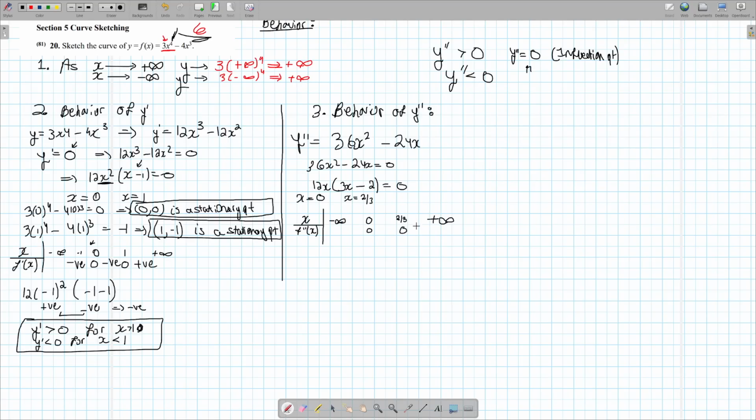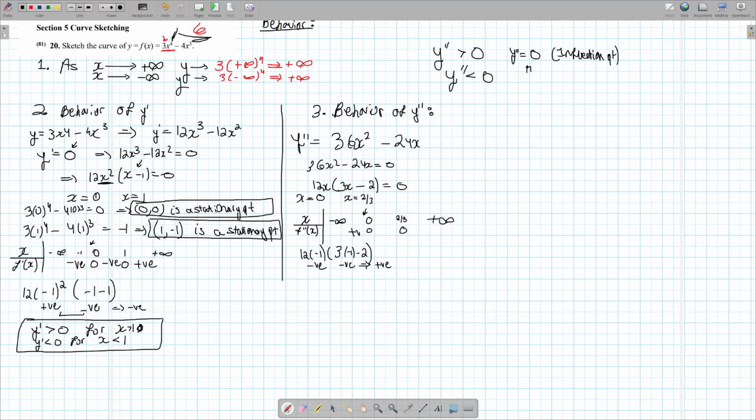Same rule that I did earlier. Test a point before 0. We could say negative 1, right? Let's substitute negative 1. It's before 0, right? So 12 times minus 1 times (3 times minus 1 minus 2). This will be negative. 3 times minus 1 minus 2 will also be negative. Negative times negative, that means our answer will be positive.